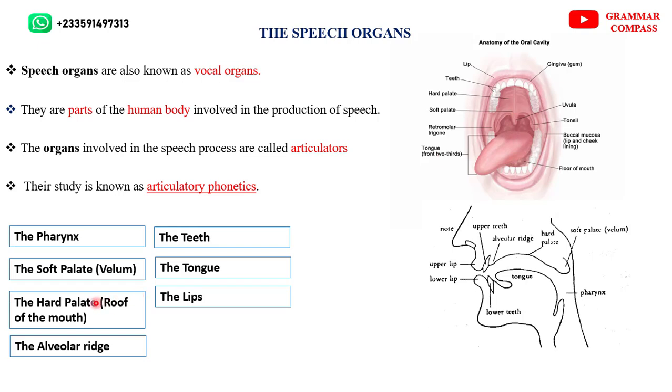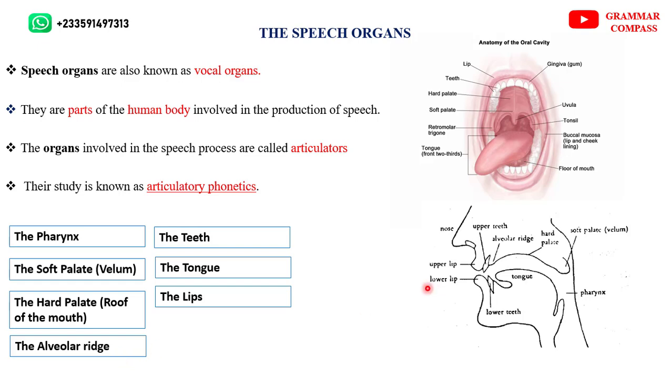Another speech organ is the hard palate, also known as the roof of the mouth. Here is the hard palate. It is also actively involved whenever you want to produce a speech sound. The next part of the speech organs is the alveolar ridge.